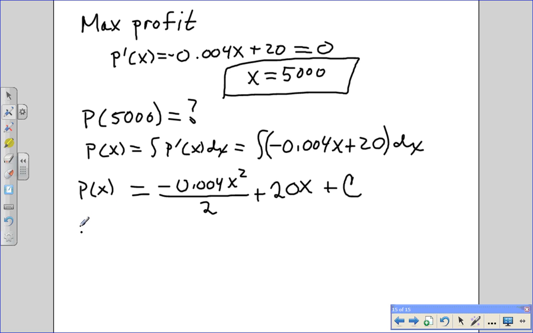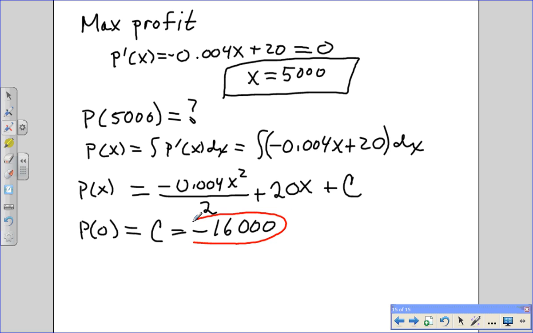And now you can solve for c, because P of 0, if you plug in a 0 there, you get c. And we know that that's negative 16,000. And so you take this 16,000 and you put it in here for plus c. Now, so I don't have to rewrite this equation, I'm going to cross off the plus c, and I'm going to put a minus 16,000.